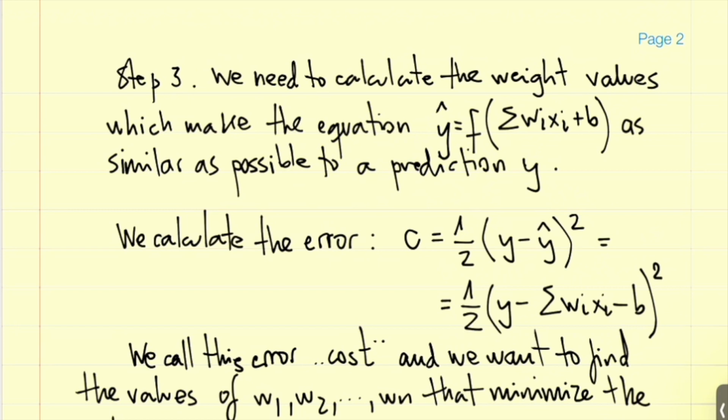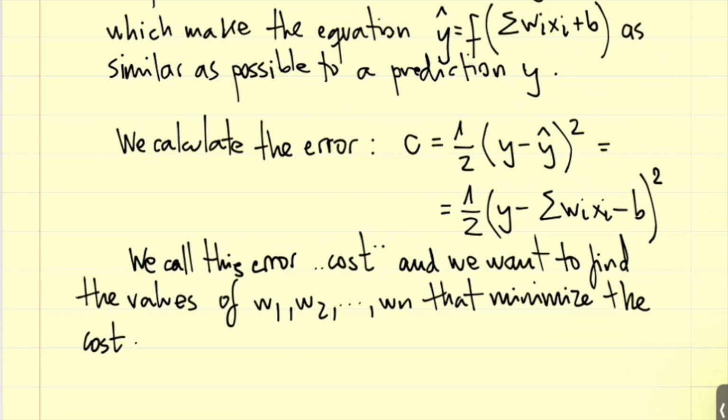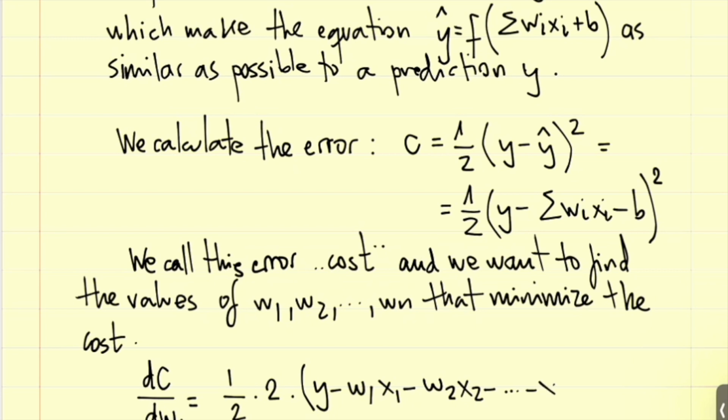So how do you minimize such a function? The first derivative is 0. Okay? That's the minimum of a multivariate function. So the derivative of the cost with respect to W1 is 1 divided by 2, yes, times 2, times y minus W1 x1 minus W2 x2 minus Wn xn, times minus x1.